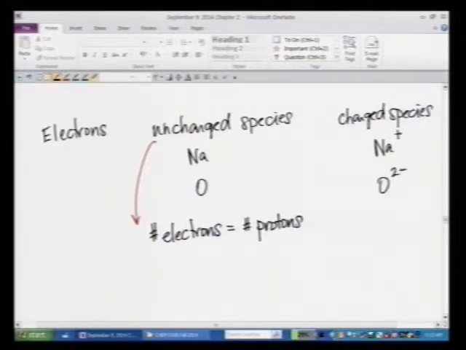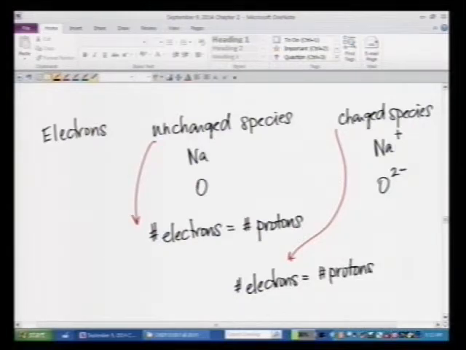For a charged species, we'll draw this down here. The number of electrons is equal to the number of protons, but here we would need to add or subtract the charge, depending on whether it's positive or negatively charged.